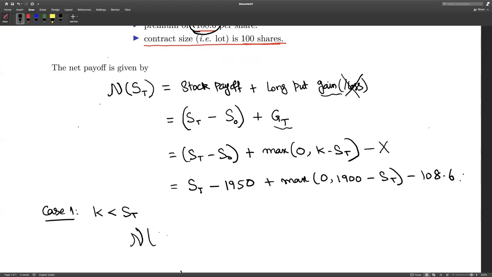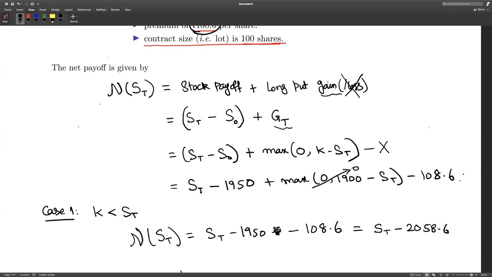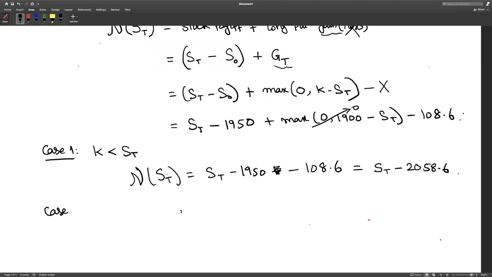The net payoff is going to be ST minus 1950 plus, since this is negative, therefore this goes off in this case, and therefore we will have minus 108.6, and that gives us ST minus 2058.6.